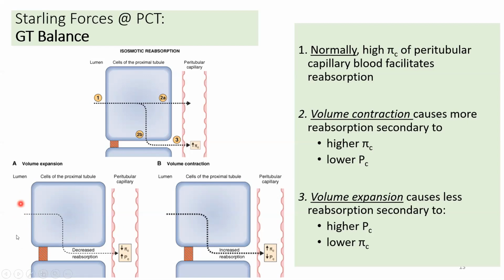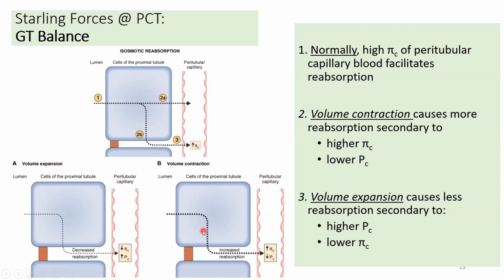It will remain on this side, form extra urine, and be excreted by the body in its attempt to address the expansion. So if you start excreting extra fluid in the urine, you are decreasing ECF volume back to normal. I hope you understood that.